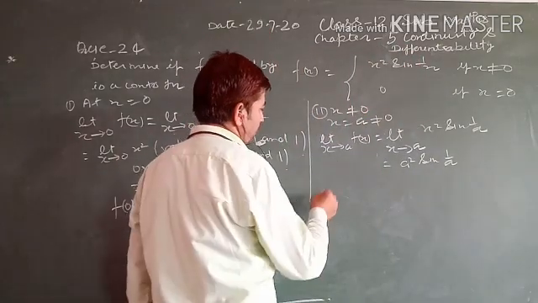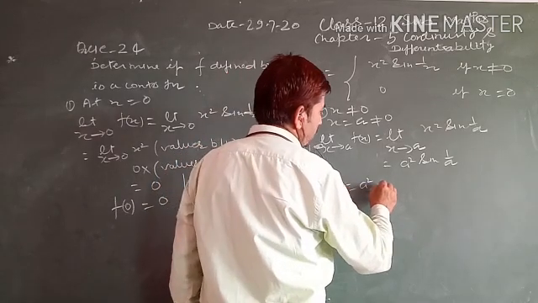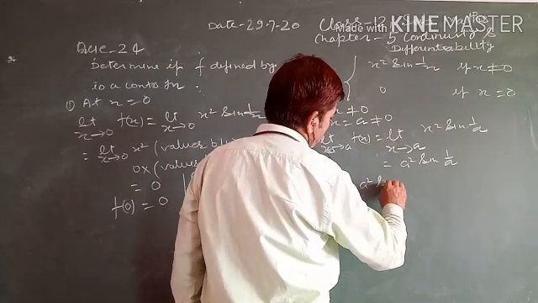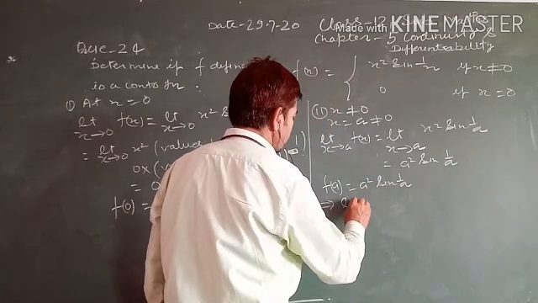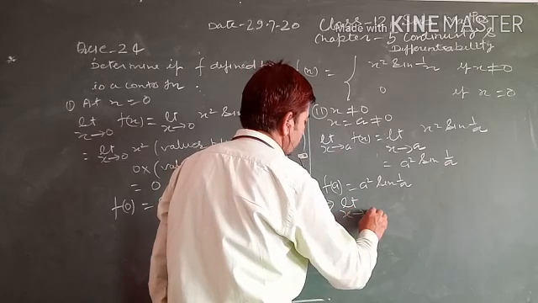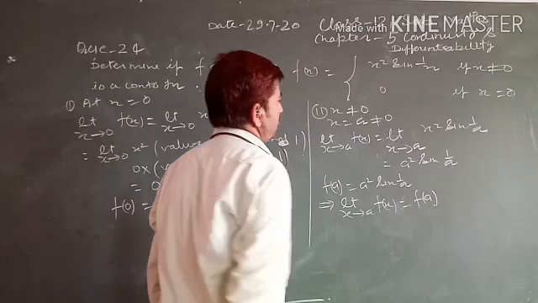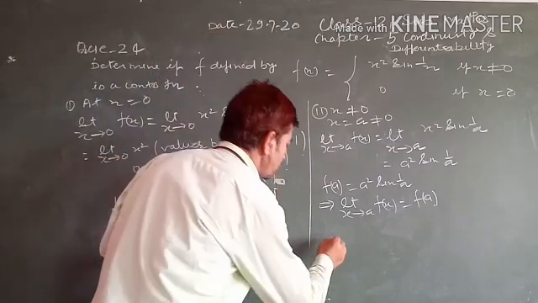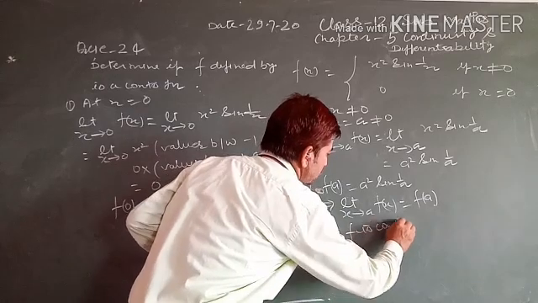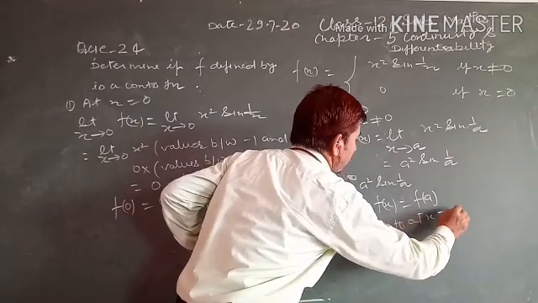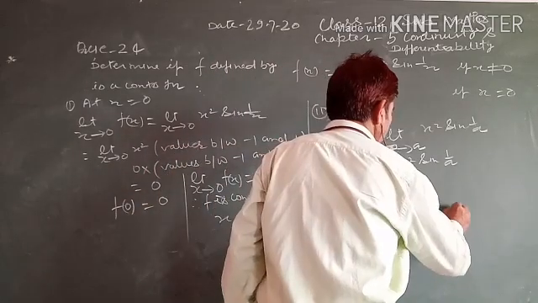And the value of the function f(a) is also equal to a square sin 1 upon a. This implies the limit value of the function is equal to the value of the function. Therefore, f is continuous at x not equal to 0.